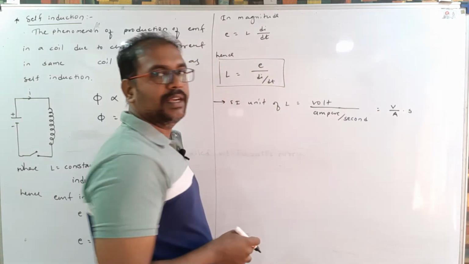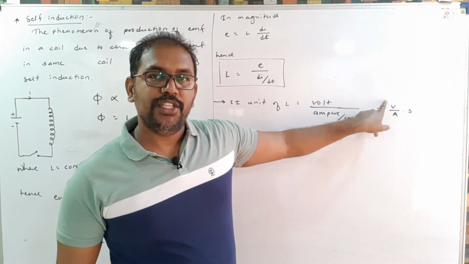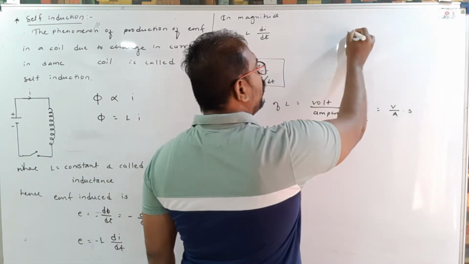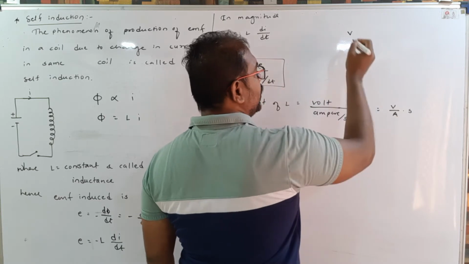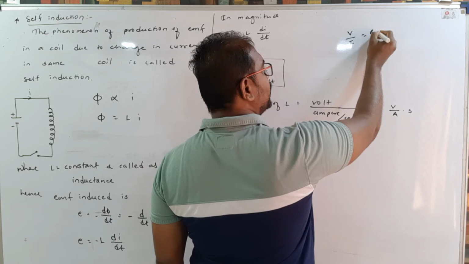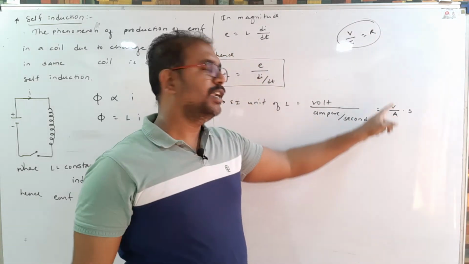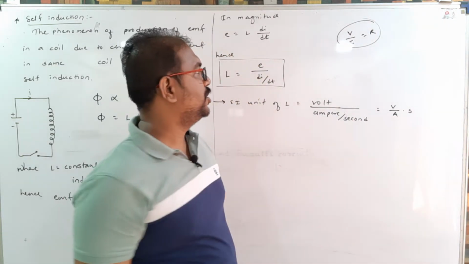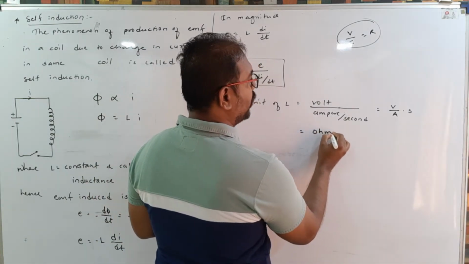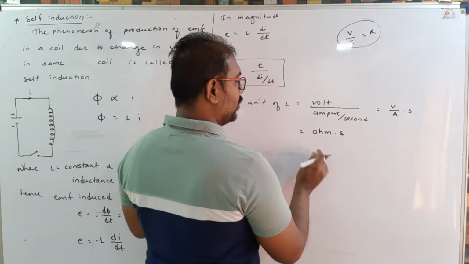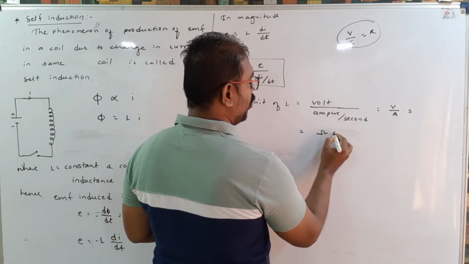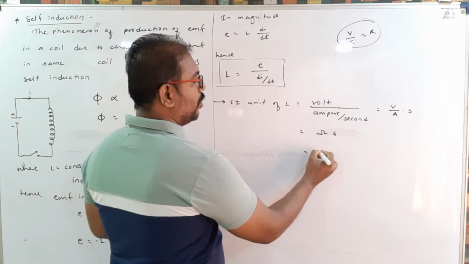Volt means unit of potential, ampere means unit of current. So potential divided by current is resistance. So volt divided by ampere is also the unit of resistance, and it is ohm. So we can write ohm and this second as it is. So in symbolic form, ohm second, and it is also called Henry.